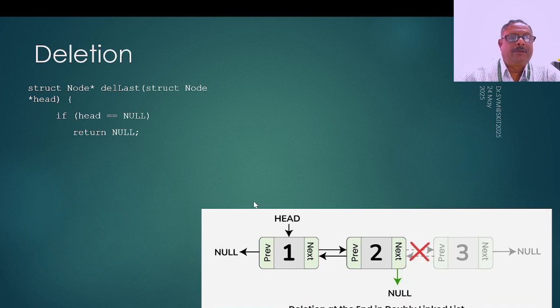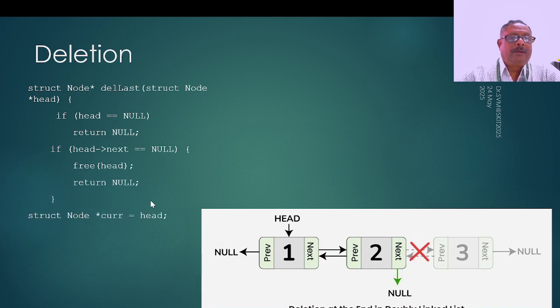If we don't have anything, just return null. If head's next is null, that means we have only one node, so we just free the head. Otherwise we have some linked list, because head's next is not null means there is at least one next node.